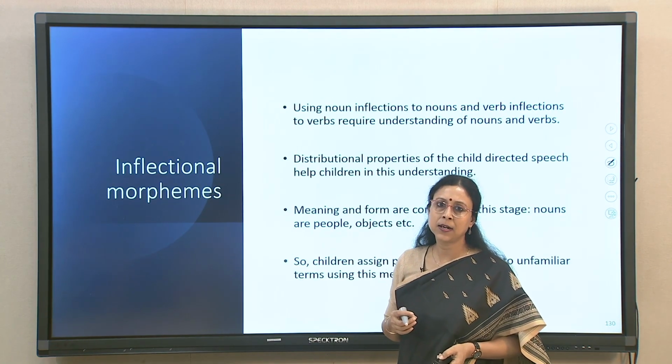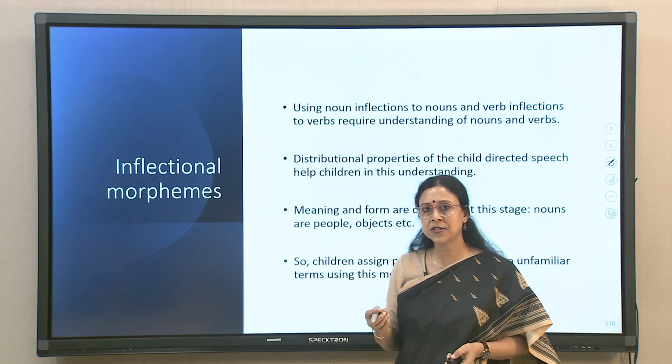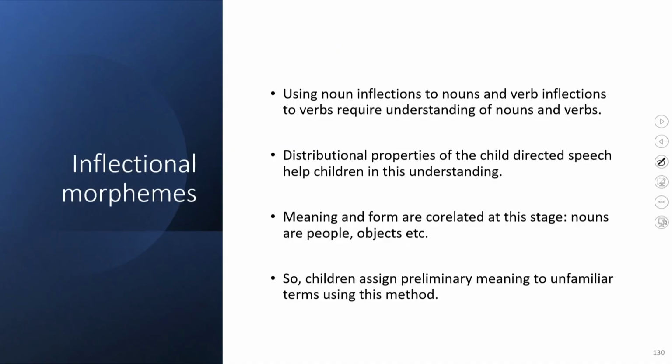Using inflectional morphemes, for example noun inflections to nouns and verb inflections to verbs, first and foremost requires them to understand what is a noun and what is a verb. We have discussed this elsewhere. The distributional properties of child directed speech seem to help children in parsing continuous speech into what is a noun and what is a verb.